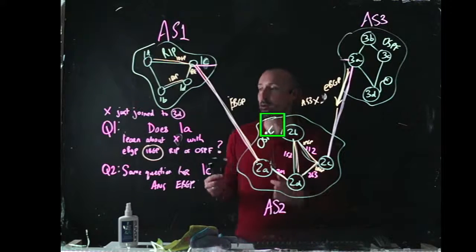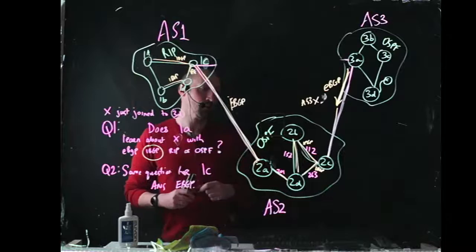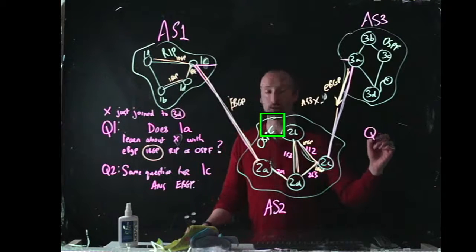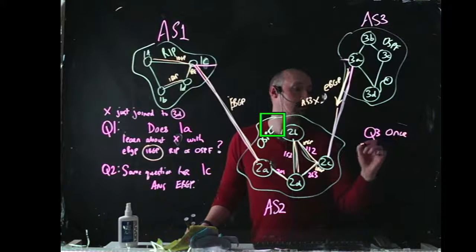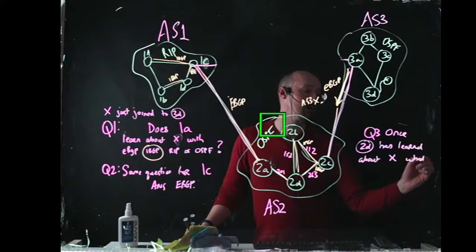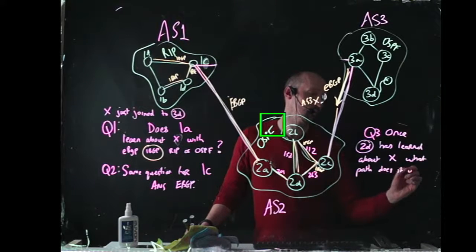Okay, so my next part of the question might be something like this. Question 3: once 2D has learned about X, what path does it use to send a datagram with destination X?